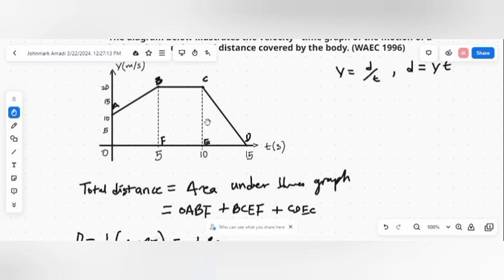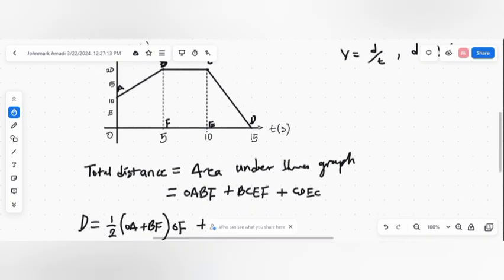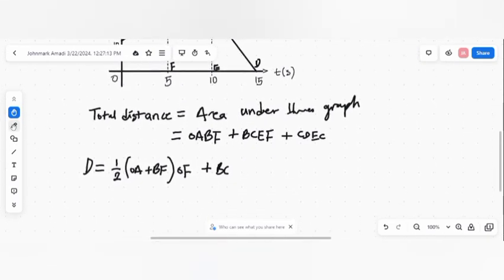That's how to get the area of a square or a rectangle, length times breadth, or breadth times length. So BC times CE.